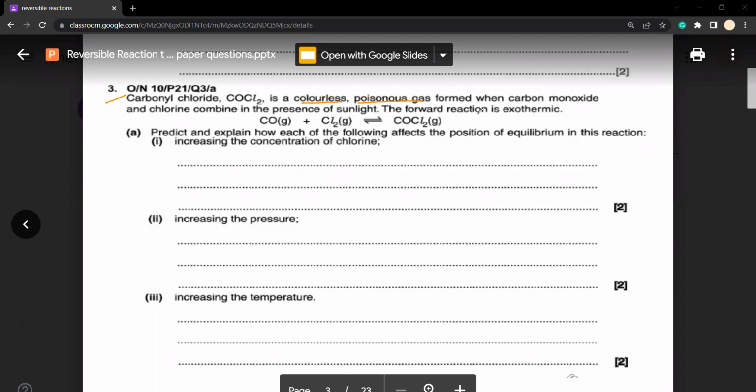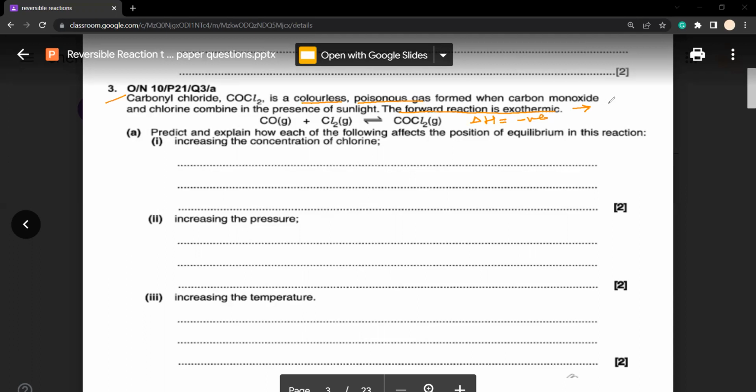The forward reaction is exothermic. This is very important information, and we'll need it when we have to predict a change in temperature, whether the reaction will go in the forward direction or the backward direction. We can also write it along with the equation as delta H is negative.